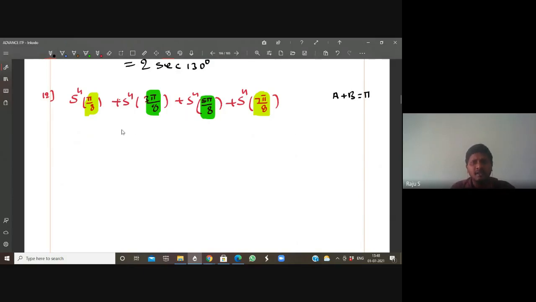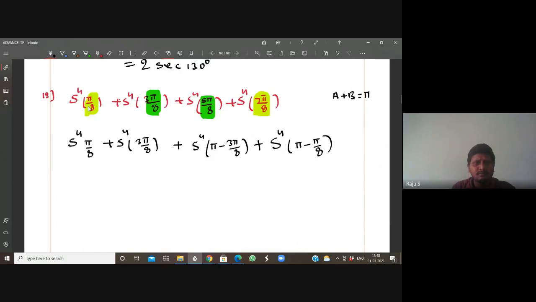Otherwise, sine power 4 pi by 8 plus sine power 4 3 pi by 8 plus sine power 4 pi by 8. Sometimes we may not remember the properties, so shall I write it as pi minus 3 pi by 8? Whenever you do not remember the properties, you can write like this: pi minus pi by 8. Is it clear?